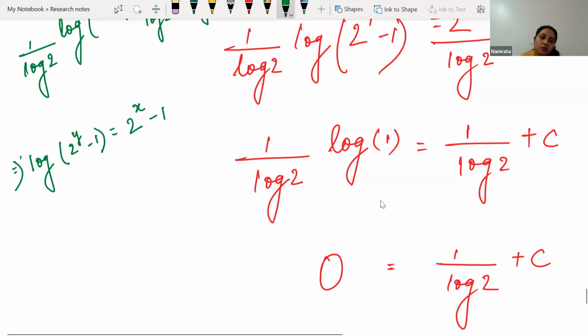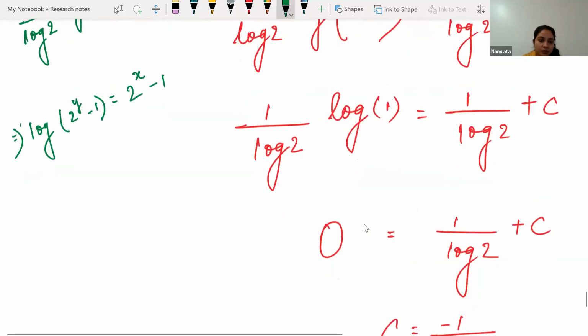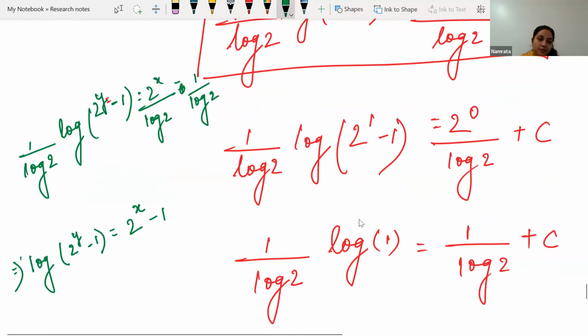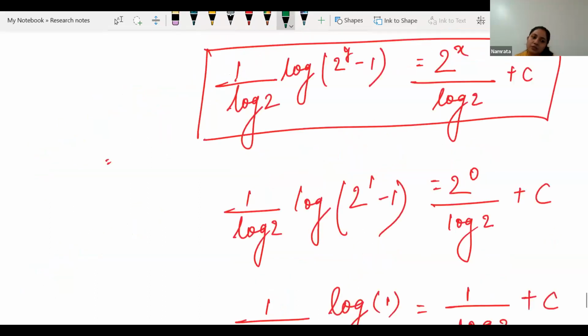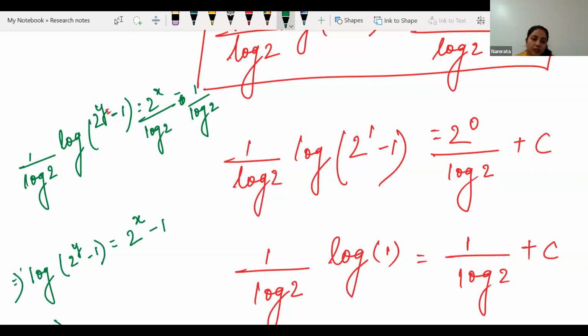If we shift the logarithm, we need to use the property of logarithm to reach the answer.